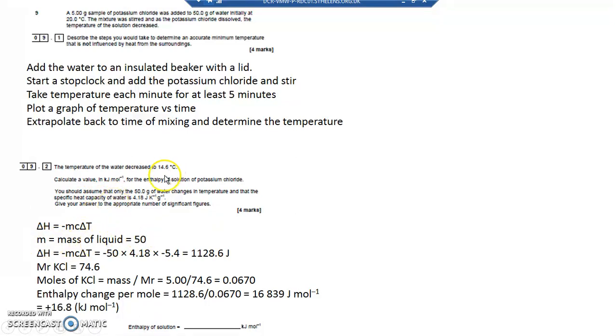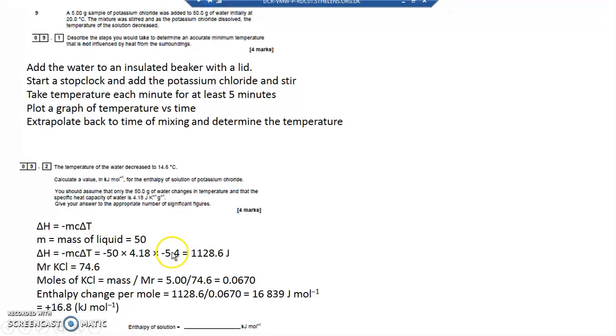M is the mass of the liquid that's used, 50 grams. Delta H equals minus MC delta T, so you've got minus 50 is the mass of the liquid. C is the specific heat capacity, which you're already given, 4.18 joules per Kelvin per gram. Multiplied by the temperature change. Well, the temperature change has gone down from 20 to 14.6, so it's gone down by minus 5.4.